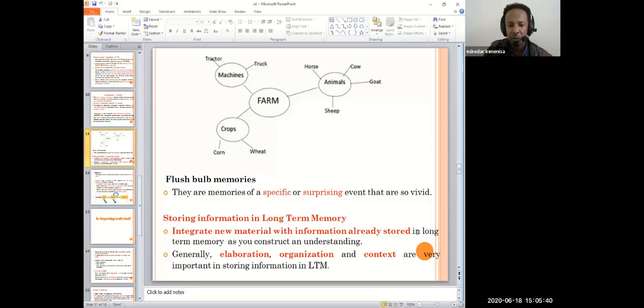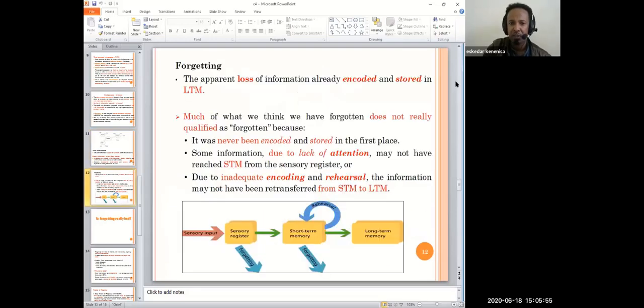We have to see the thing from different angles, from different perspectives, so that we can store it in our long-term memory easily. These are techniques of storing things in our long-term memory. Then, when we talk about memory, there is forgetting.